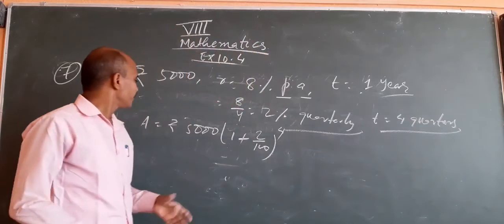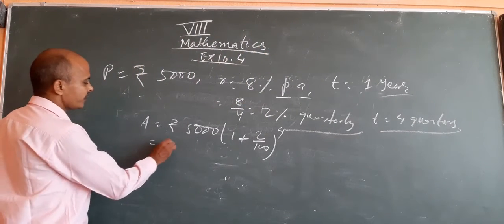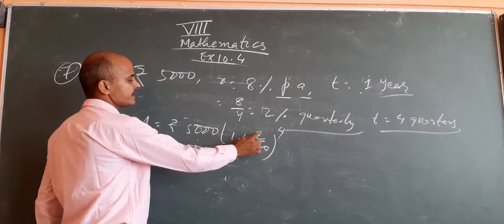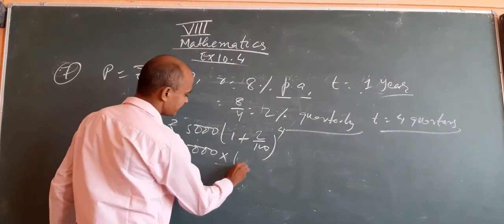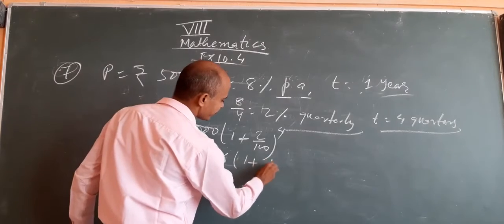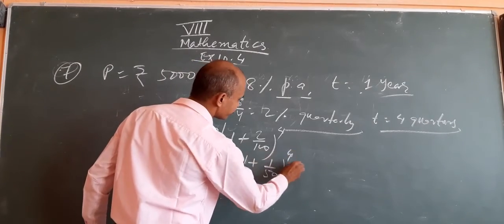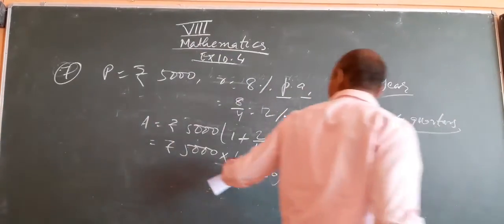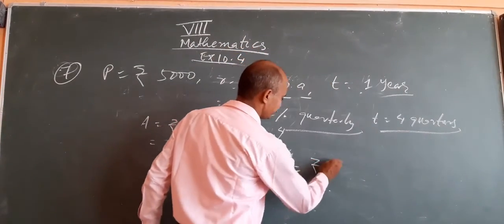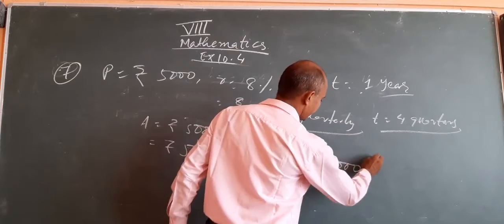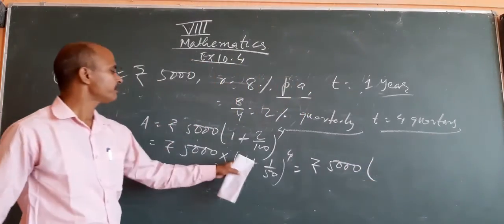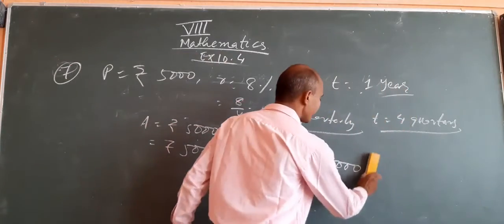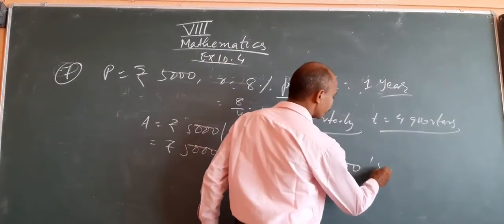So now we calculate. 5,000 into 1 plus 1 by 50 to the power 4, which is 5,000 into 51 by 50 to the power 4.